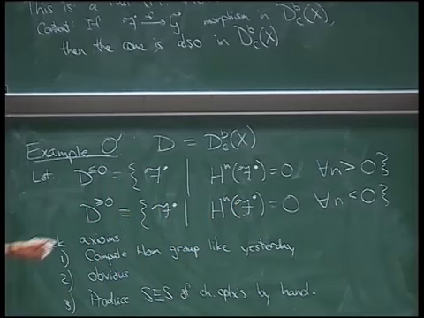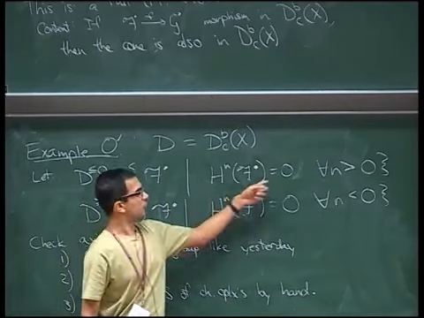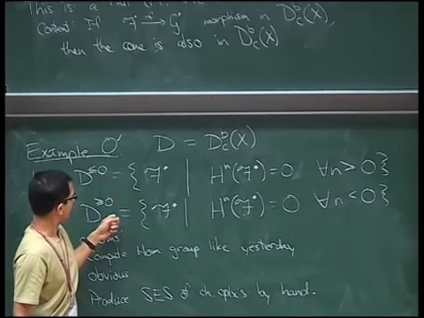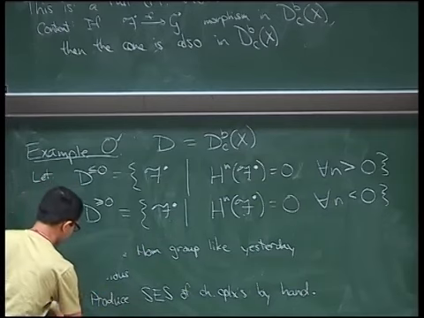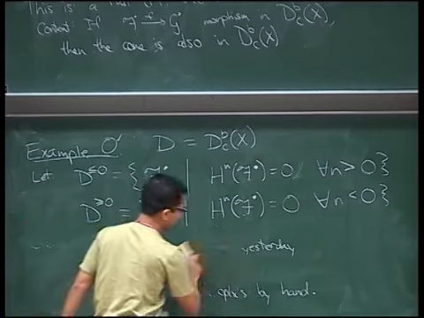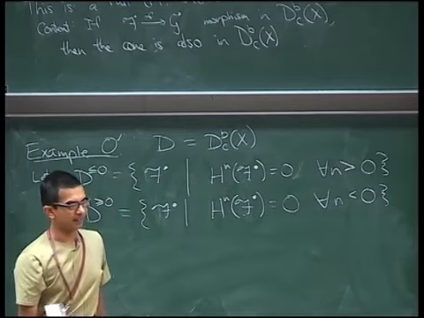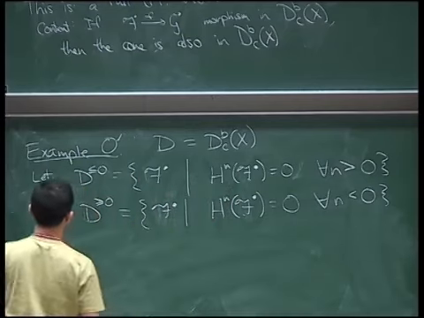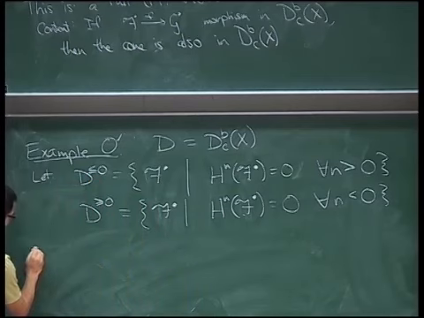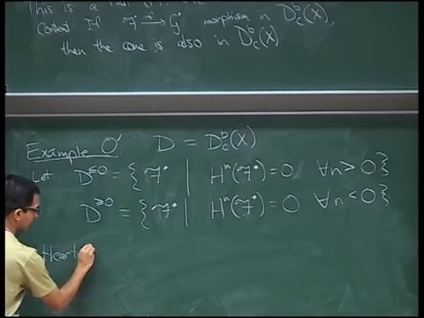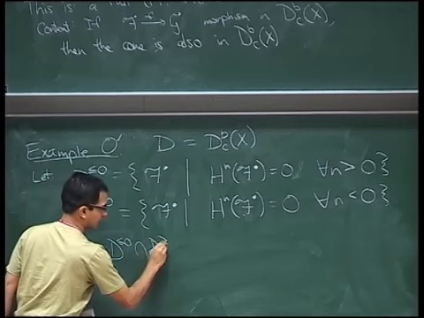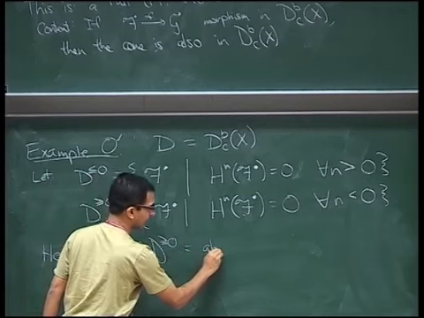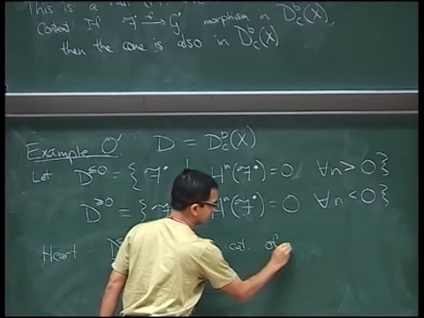So this consists of complexes of sheaves whose cohomology vanishes in positive degrees, and this other one consists of complexes of sheaves whose cohomology vanishes in negative degrees. So far, this example looks pretty similar to the last one, and then of course the heart of this T structure is the abelian category of constructible sheaves.